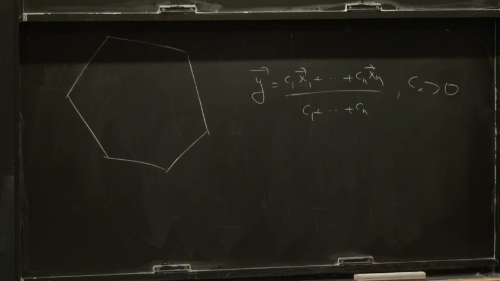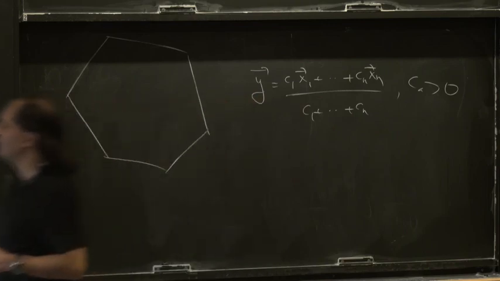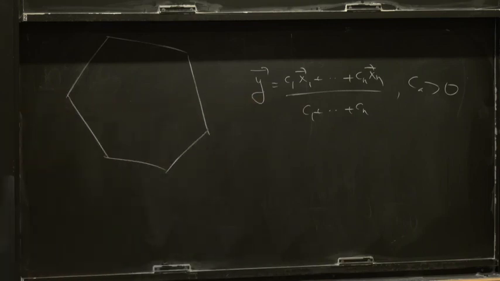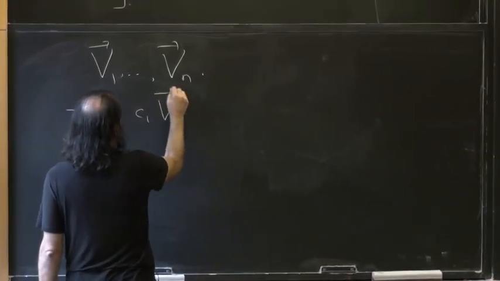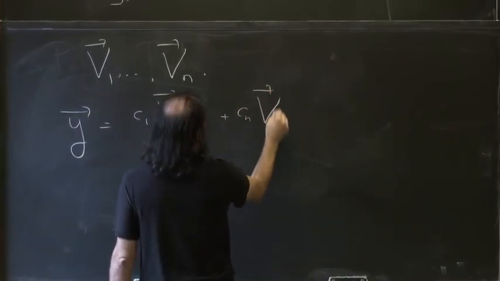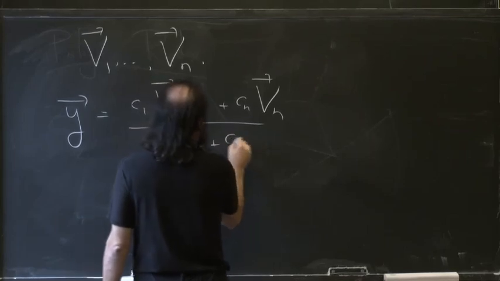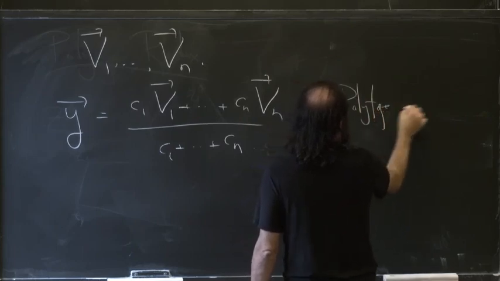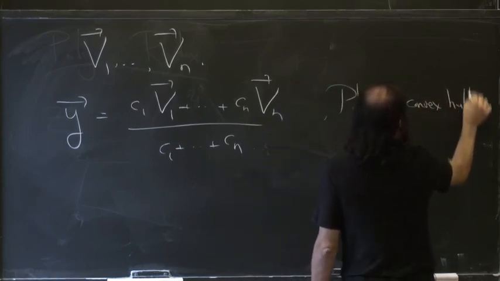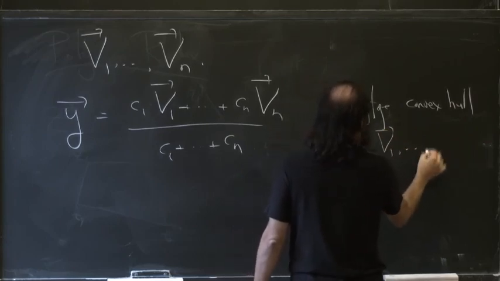But now this definition clearly generalizes to any number of dimensions, and this gives us our first definition of a polytope. If you give me a collection of vectors v1 through vn, then I look at all the points y of the form c1v1 plus cnvn over c1 plus dot dot dot cn, and we call this the polytope, which is the convex hull of these vectors v1 through vn.